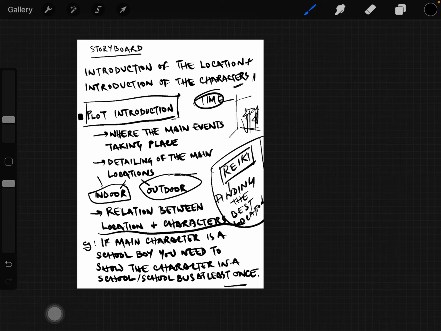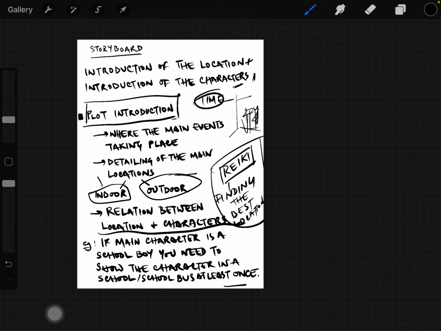Is it a very lavish, huge, very costly chair, or just a normal wooden chair, right? This difference shows the difference of the person living in that room. So you can explain a lot of things just by showing certain things in the background or in the location.